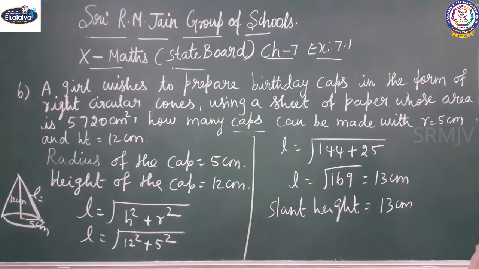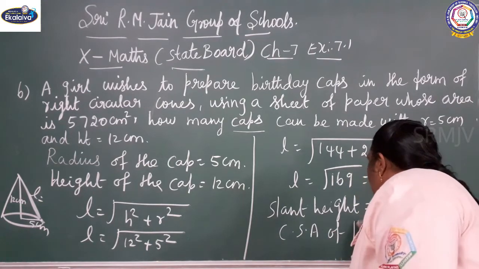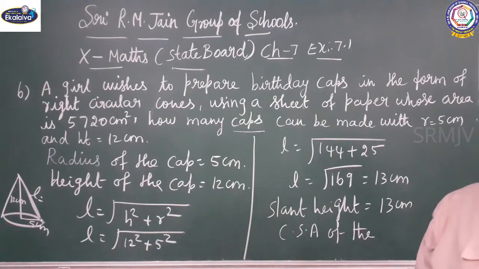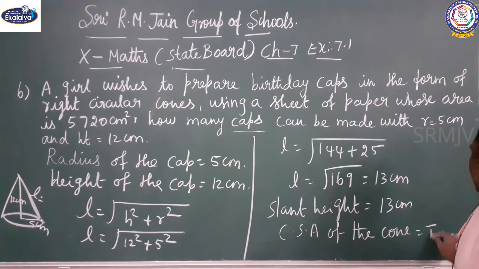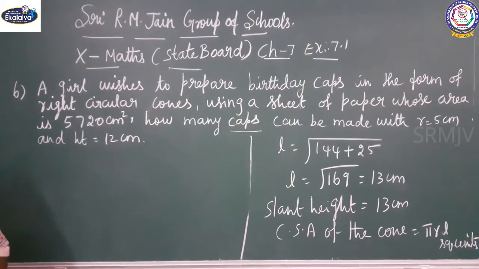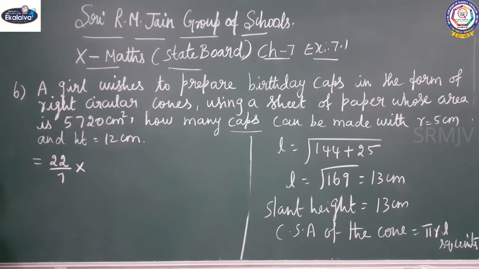What is the formula? Curved surface area of the right circular cone equal to pi r L square units. It gives pi equal to 22 by 7 into, what is the radius?